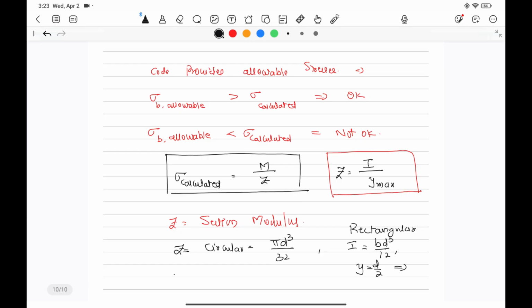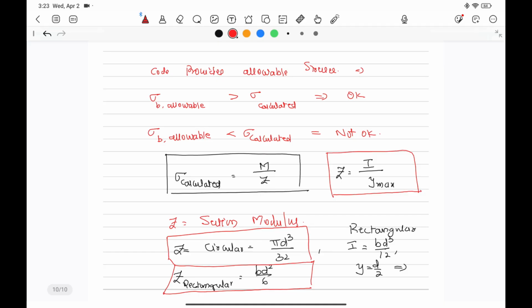That means Z for rectangular is equal to BD square by 6. These two famous values, please remember.